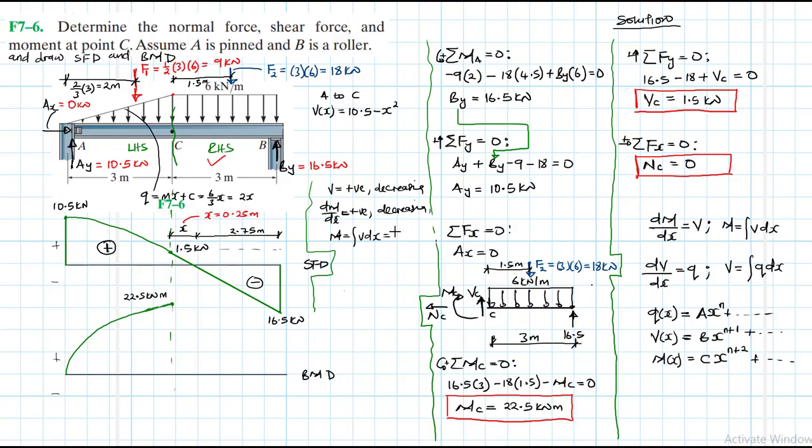This is equal to half times the length, 0.25, times the magnitude of our slope, which is 1.5. This gives us 0.5 by 0.25 by 1.5, which is 0.1875 kilonewton meter.